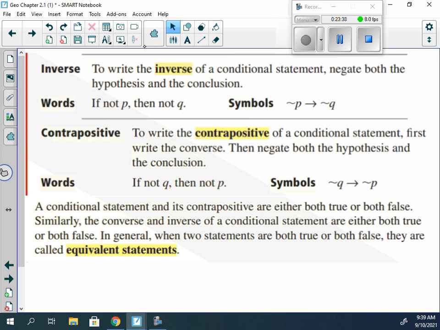If P implies Q, converse if Q implies P. Inverse, if not P implies not Q. And the contrapositive is if not Q implies not P.